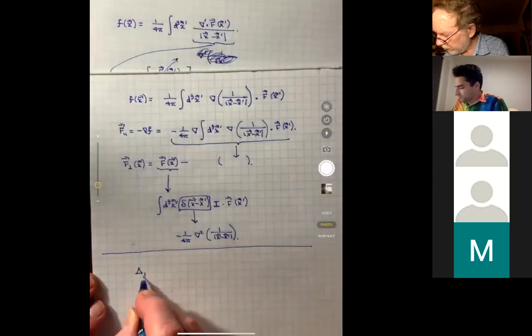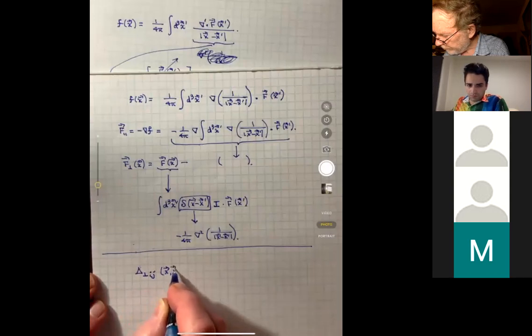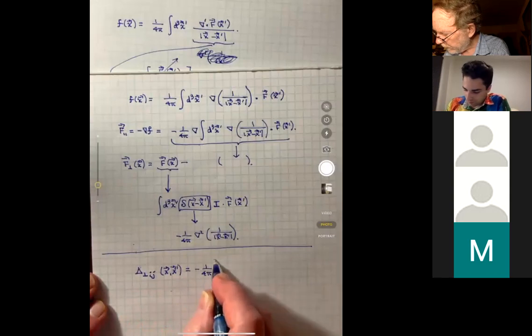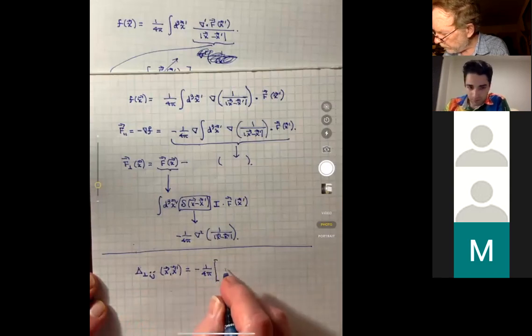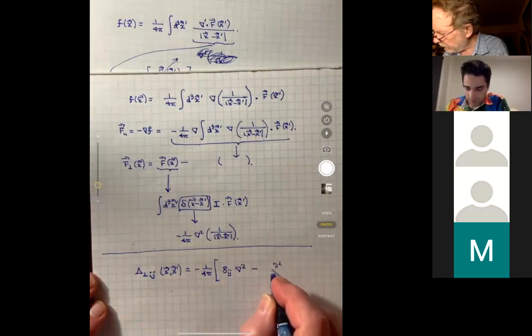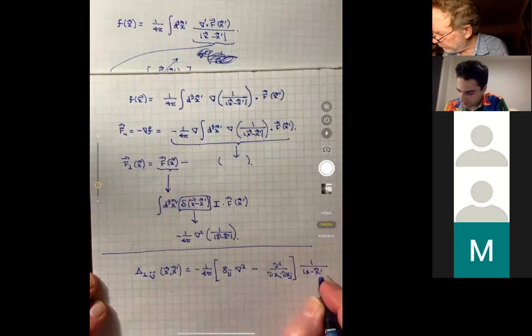This is the transverse delta function, and I'll write its ij components like this. It depends on x and x prime, and it's equal to minus 1 over 4 pi times this operator, which is delta ij times the Laplacian minus the second derivative with respect to xi and xj, applied to the Coulomb denominator 1 over x minus x prime.